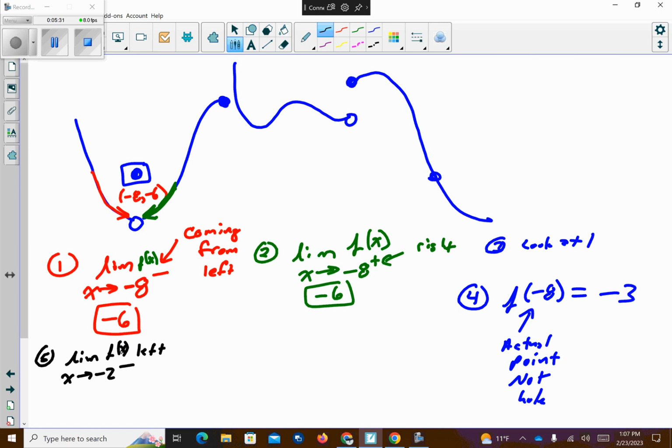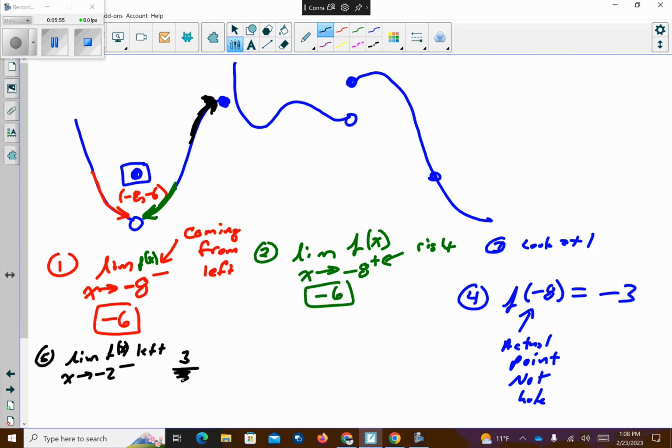Okay, so -2 from the left is going here. Okay, so that is going to be 3. Is that my point right?